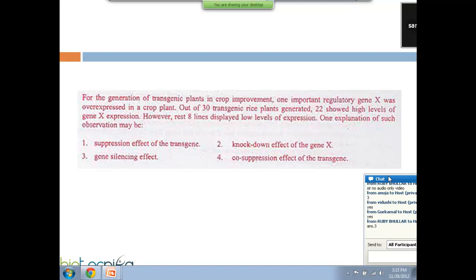Third and fourth. If it is co-suppressed, it means it is suppressed by some other gene. Production of A will suppress B. If A is an important protein, definitely the plant will not grow. What is co-suppression?